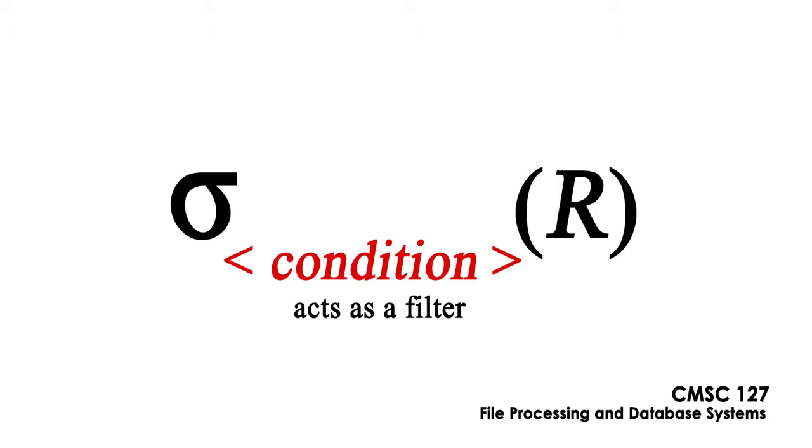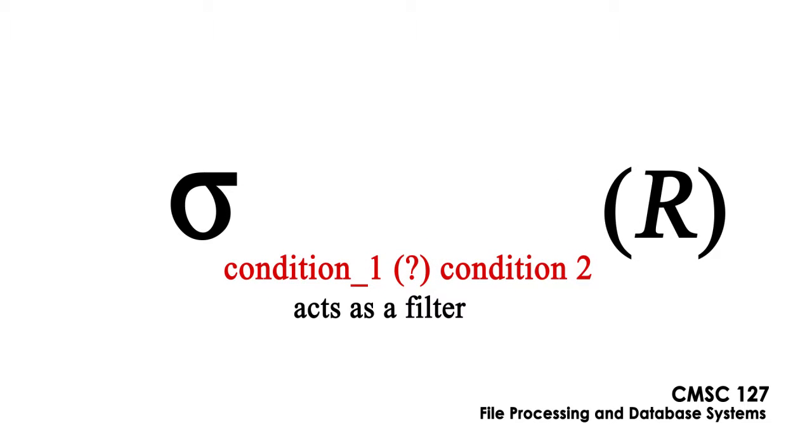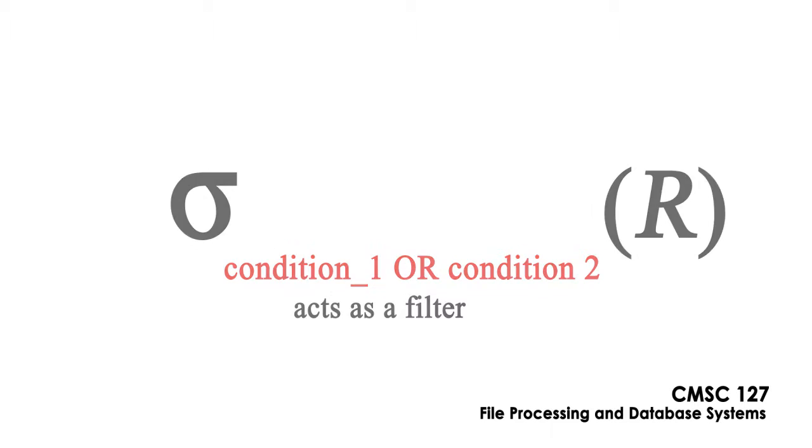If there are more than one condition to be imposed on the relation, they must be concatenated or joined by Boolean operators and or. Also, similar to projection or project operation, the argument R can be a single relation or multiple relations that are joined together by relational algebra operations.